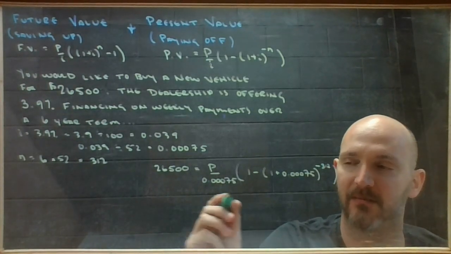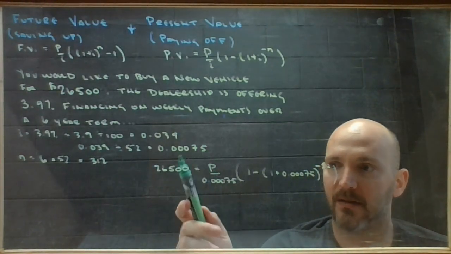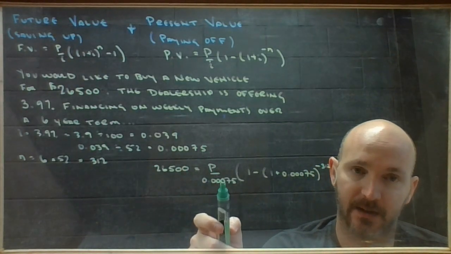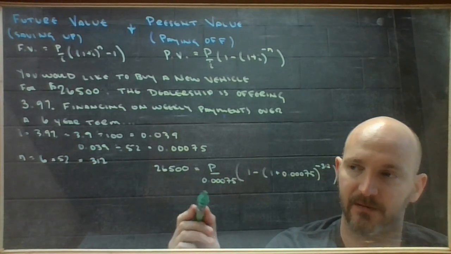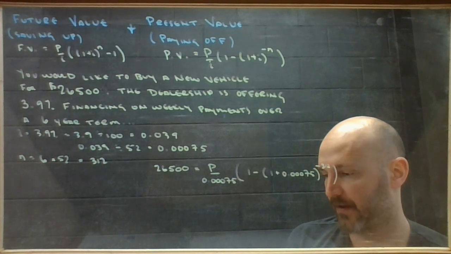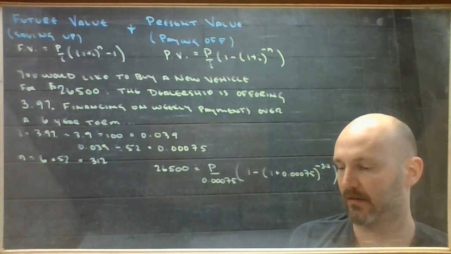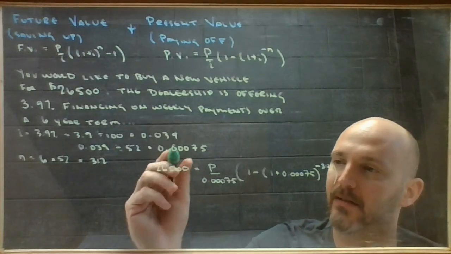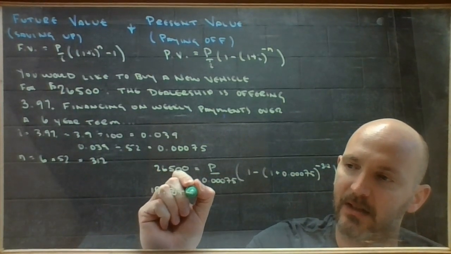Remember my negative this time. First off, I want this out of the denominator, so I'm going to multiply both sides by 0.00075. So 26,500 multiplied by 0.00075 gives me $19.875.